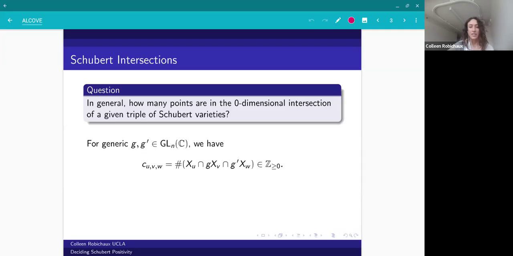And so since this is a well-defined question, we could ask, how can you find other ways of computing these intersection numbers without actually just solving a system of equations, right? What might be a more elegant way to compute these intersection numbers?